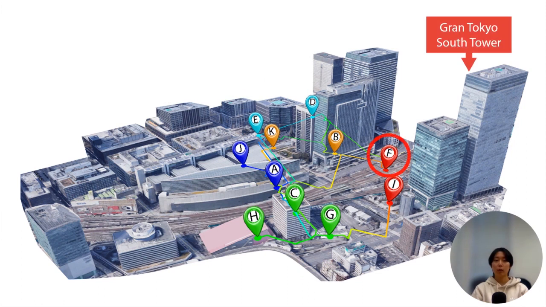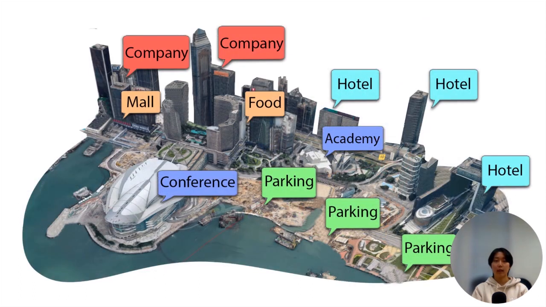In the Tokyo International Forum, Event A is expected to take place in a working zone and thus happens near Grand Tokyo South Tower. Next is the result near the Hong Kong Convention Center.